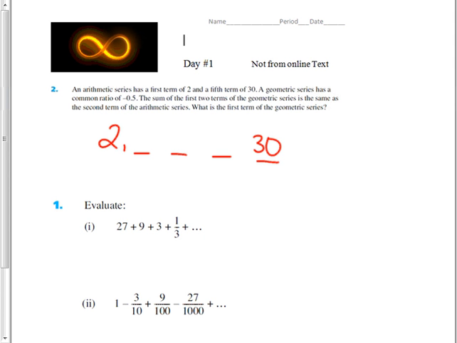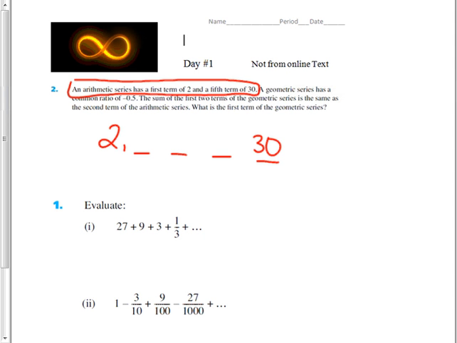A geometric series has a common ratio of -0.5. That's a different problem. See, this is arithmetic. So now we got to do one for a geometric. I'll do that in blue. It has a common ratio of -0.5 or -1/2.